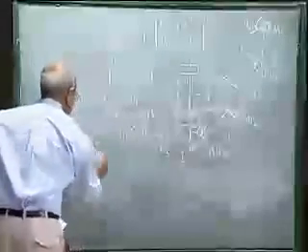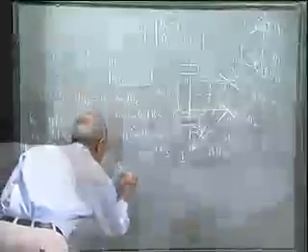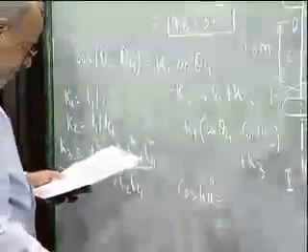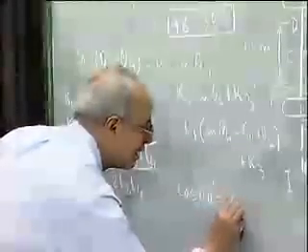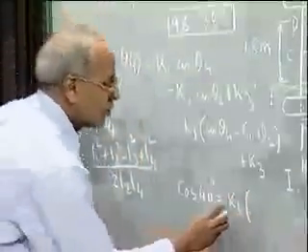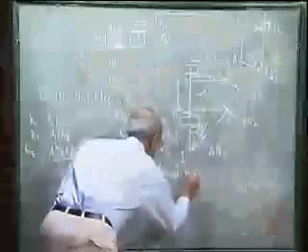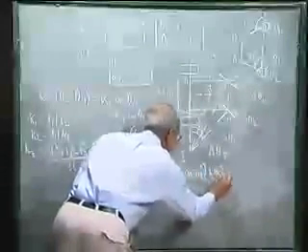If I substitute here, I am getting cosine 40 degree is K1 cosine 110 degree minus cosine 70 degree plus K3.